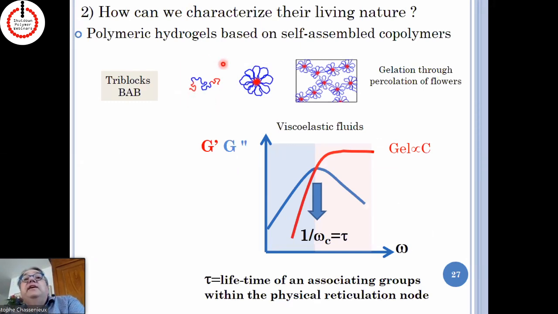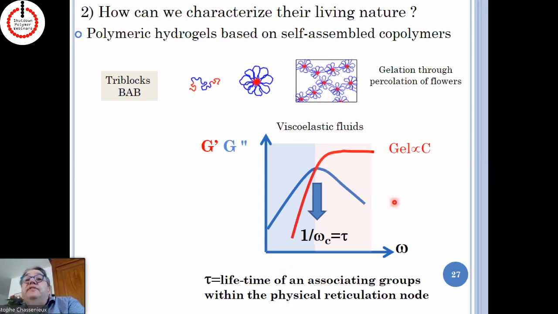Because if you take a triblock copolymer at thermodynamic equilibrium and put it in water, this triblock will have the tendency to form flower-like aggregates. Upon increasing concentration, these flower-like aggregates will have the tendency to form a network by sharing a polymer chain between them. And if this network is living, you can have exchange of polymer between all the flowers. And this exchange, you can measure it with rheology.